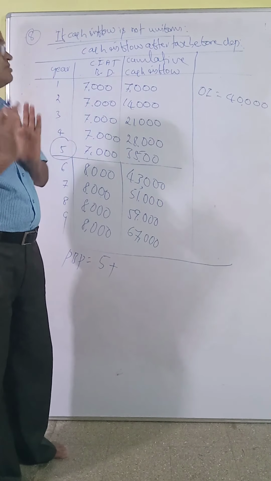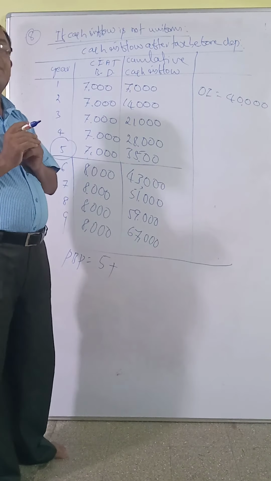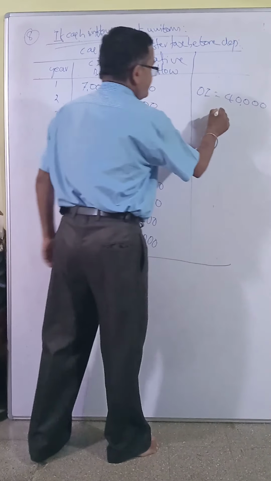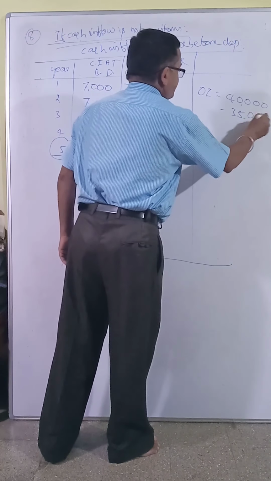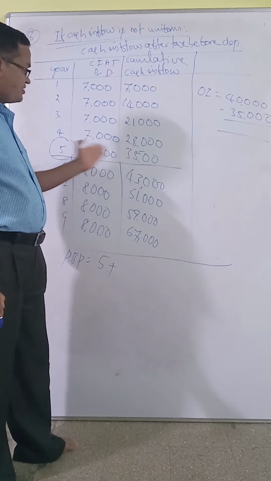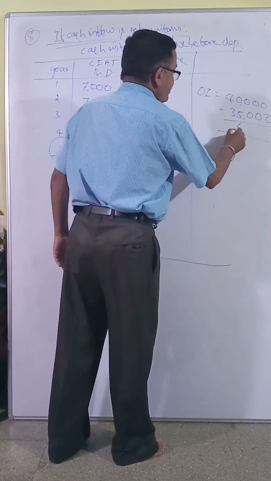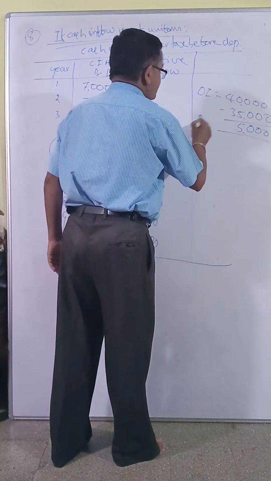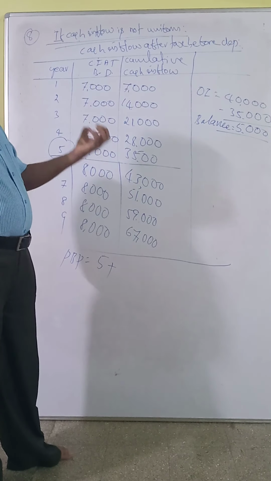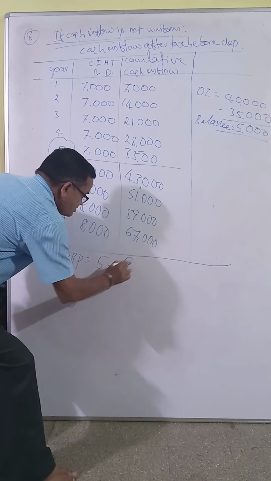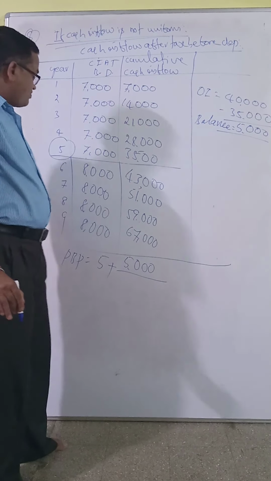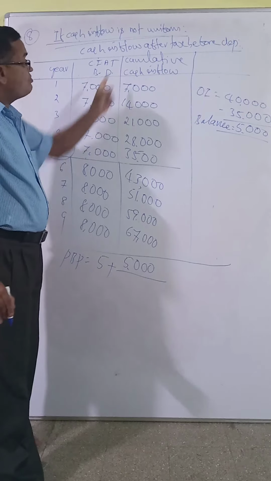Out of 40,000 you deduct the 35,000 we recovered; the balance cash inflow required is 5,000, divided by the cash inflow for the next year, not cumulative.